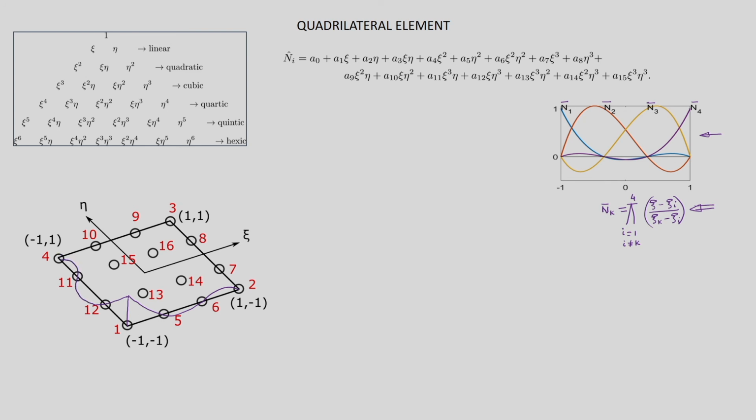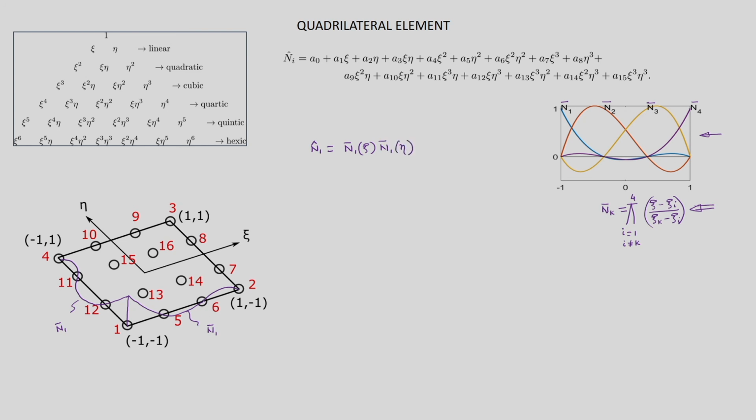So, if you look at this variation in xi and eta, this is basically n1 bar, for p equal to 3, and this is also n1 bar in eta for p equal to 3. So, n1 hat I can obtain as n1 bar xi into n1 bar eta.